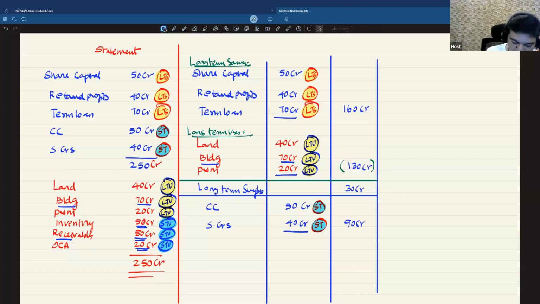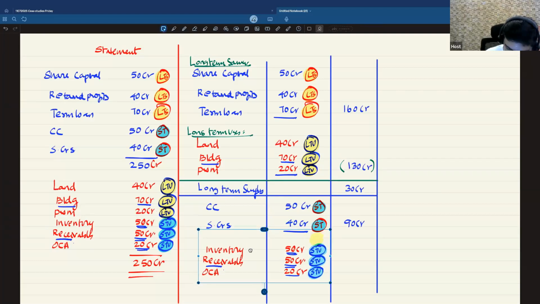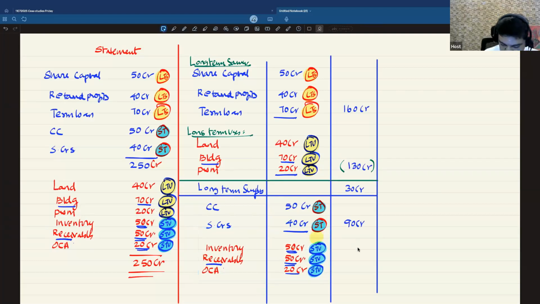And let us also look at their short-term use. Look, they have short-term use over here. This is their short-term use. Let me put that over here. Okay. So here we have the short-term use. Their short-term uses, let me put that in bracket to understand it is a usage. Their short-term use is actually 50 plus 50, 100 plus 20, 120 crore.